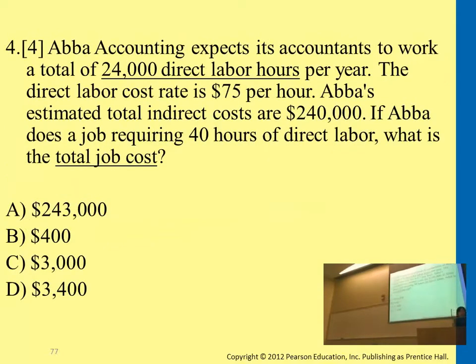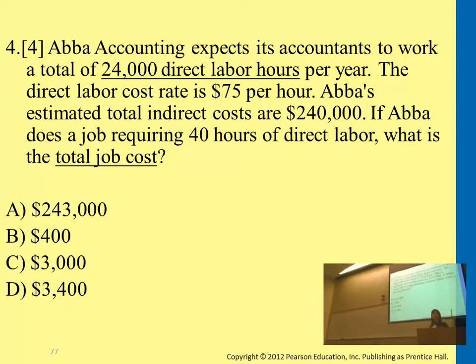Okay, the fourth question. This accounting firm expects accountants to work a total of 24,000 direct labor hours a year. The cost for an hour of work is $75, and the estimated total indirect costs are $240,000. If this job requires 40 hours of direct labor, what will be the total job cost?